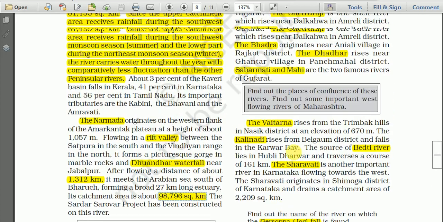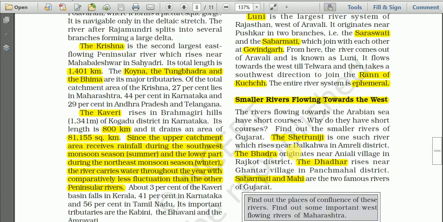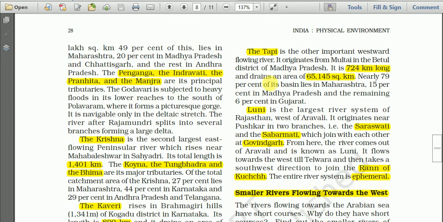And next we have another important river, the Tapi River, the other important westward flowing river. It originates from Multai in Betul district of Madhya Pradesh. It is 724 km long and it drains an area of 65,145 square kilometers.